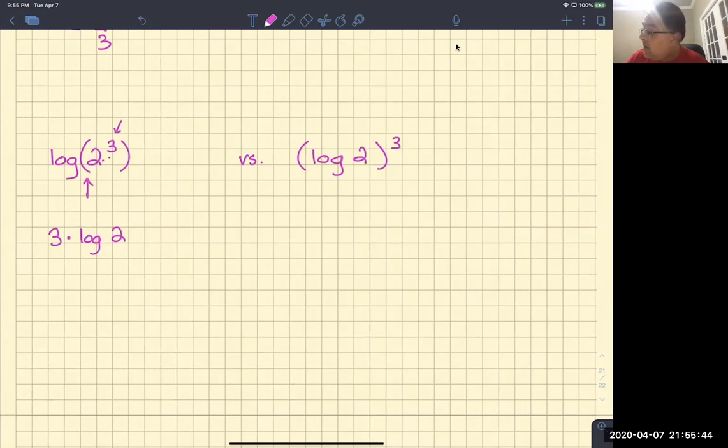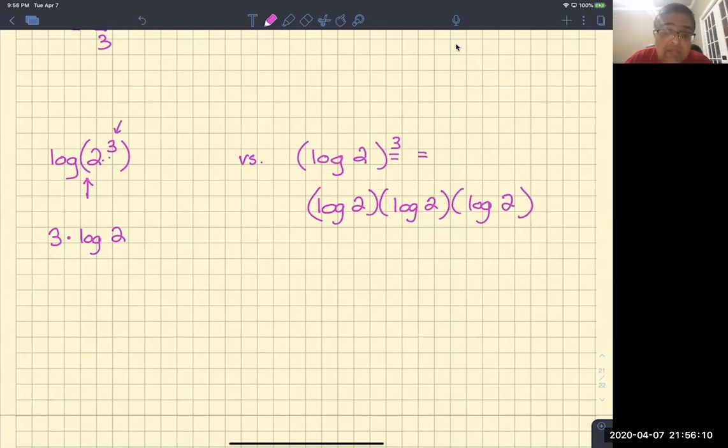However, here, what is the base of this exponent? The base of this exponent is log 2. So this is the same as log 2 times log 2 times log 2, whatever that is, okay?